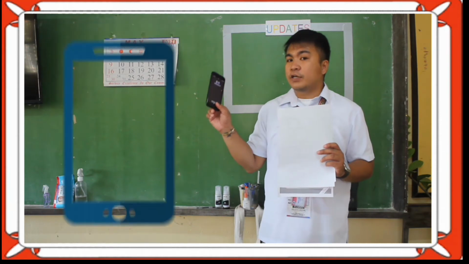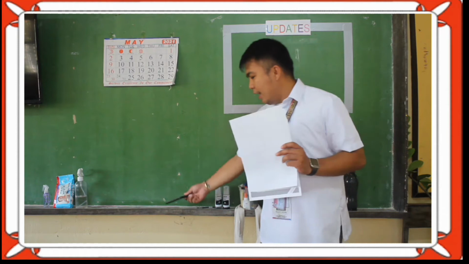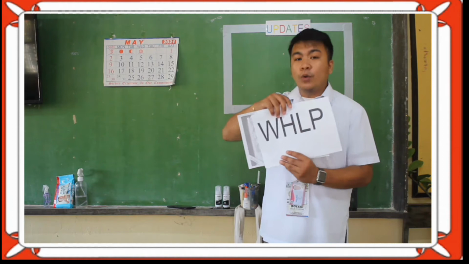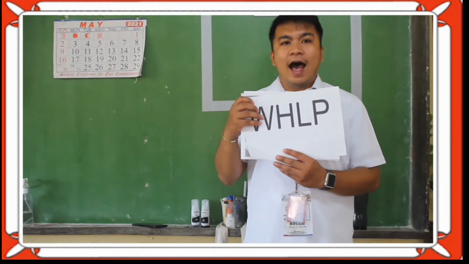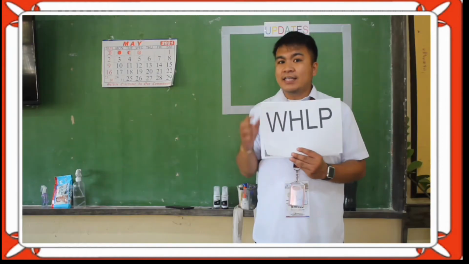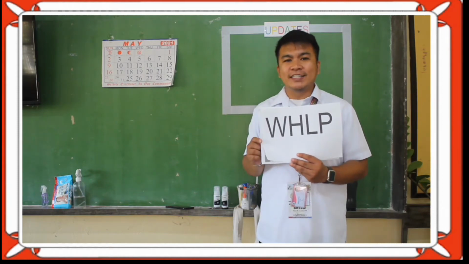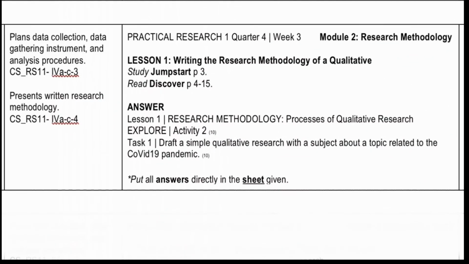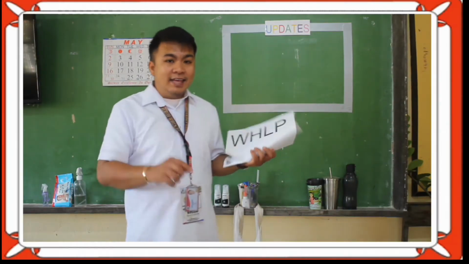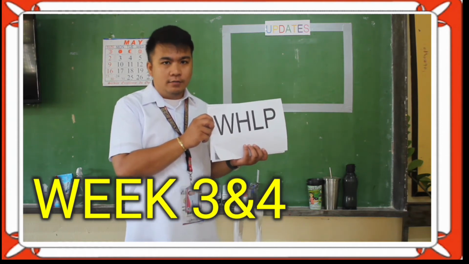You may also need your cell phone in case you need to research something on the internet. And lastly, you will surely need your weekly home learning plan. I have printed out copies and have given them to your guardians, but in case you don't have a copy, I am going to flash it here on the screen. And don't forget, this topic is intended for week 3 and 4.